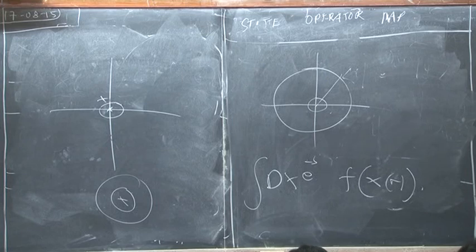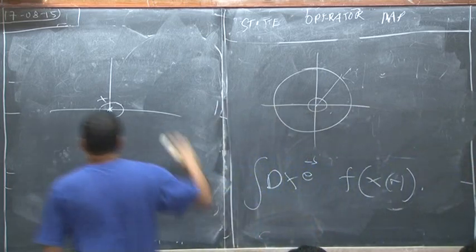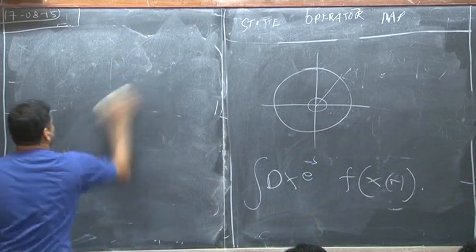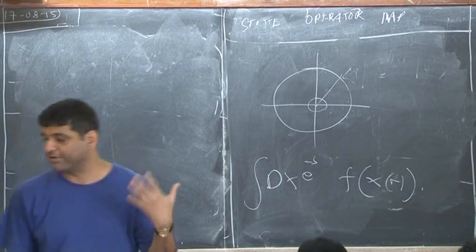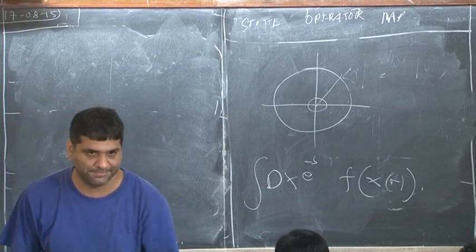Arbitrary. Now, let's see. What was the prescription for computing correlation functions if you knew a state?